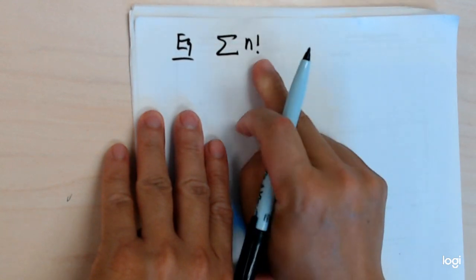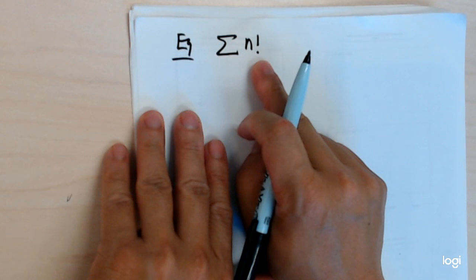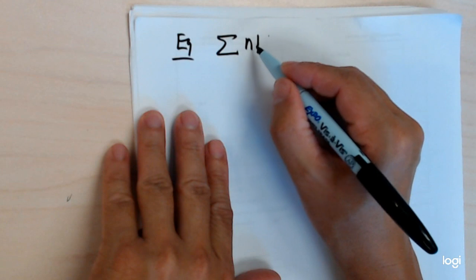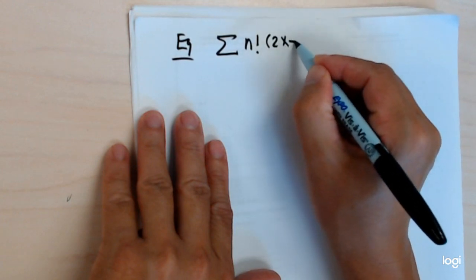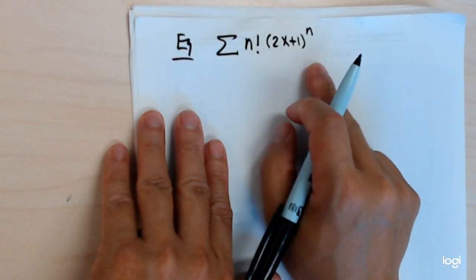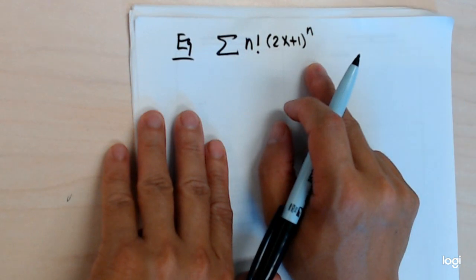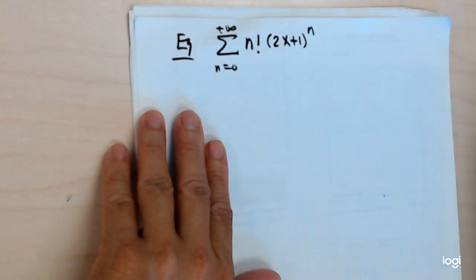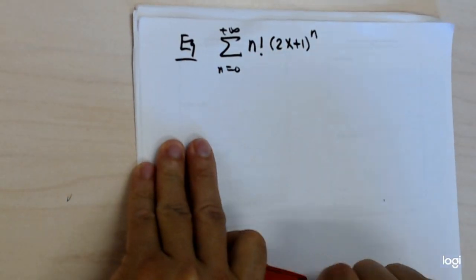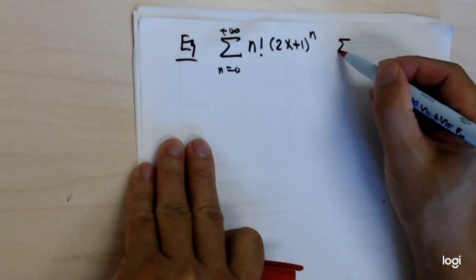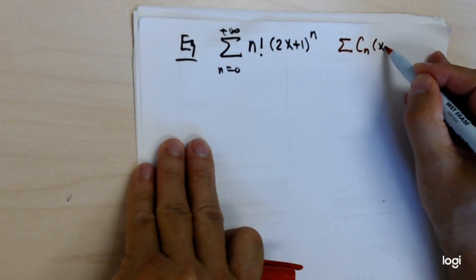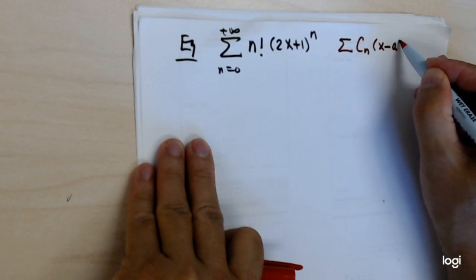The coefficient is n factorial. As we know, n factorial can get really big really quick. Here's the power function. I want to remind you, this is not in the standard looking form. The standard form was some constant c sub n times x minus the center to the power of n.